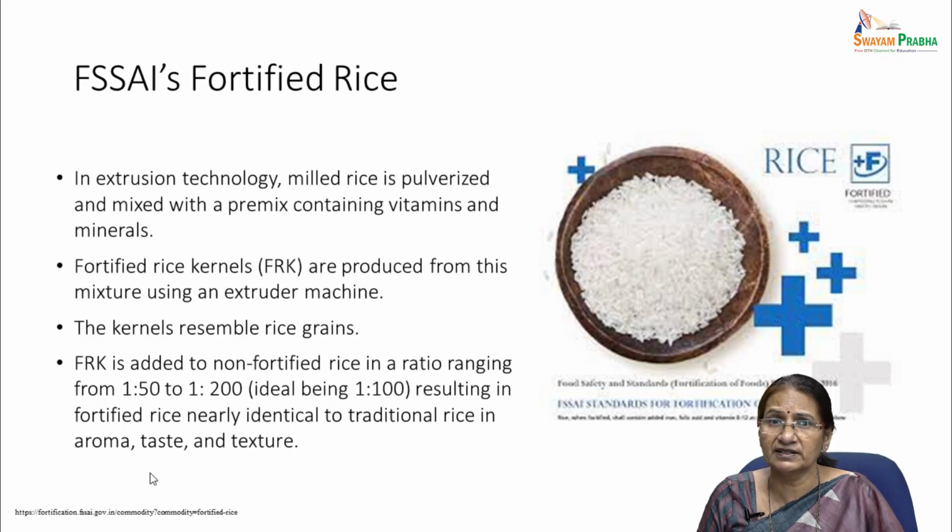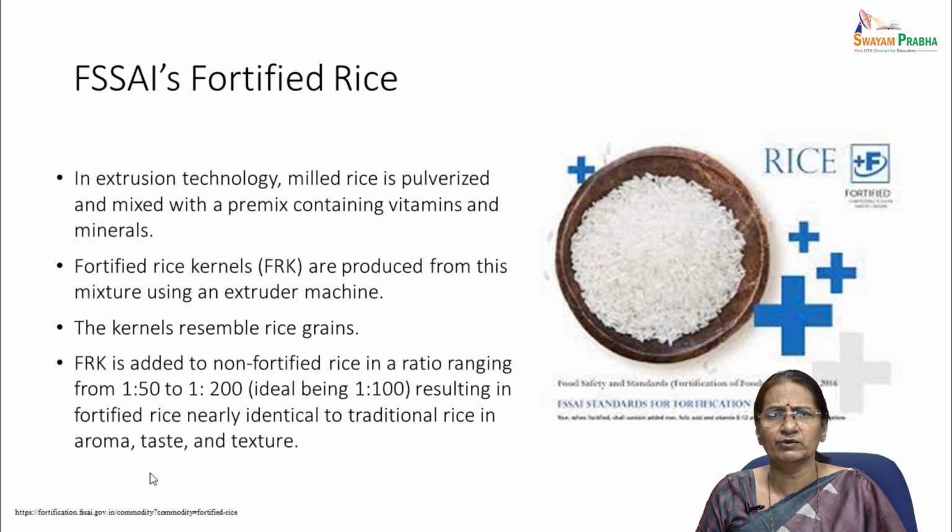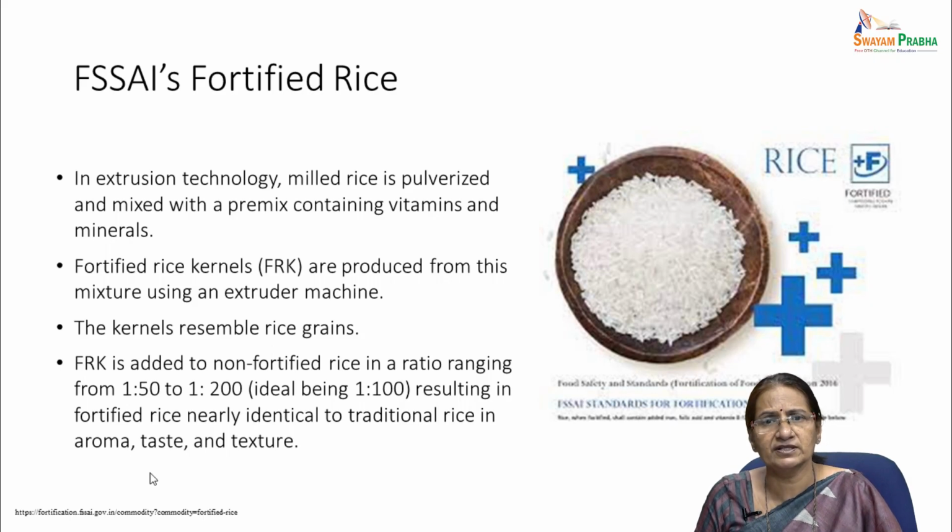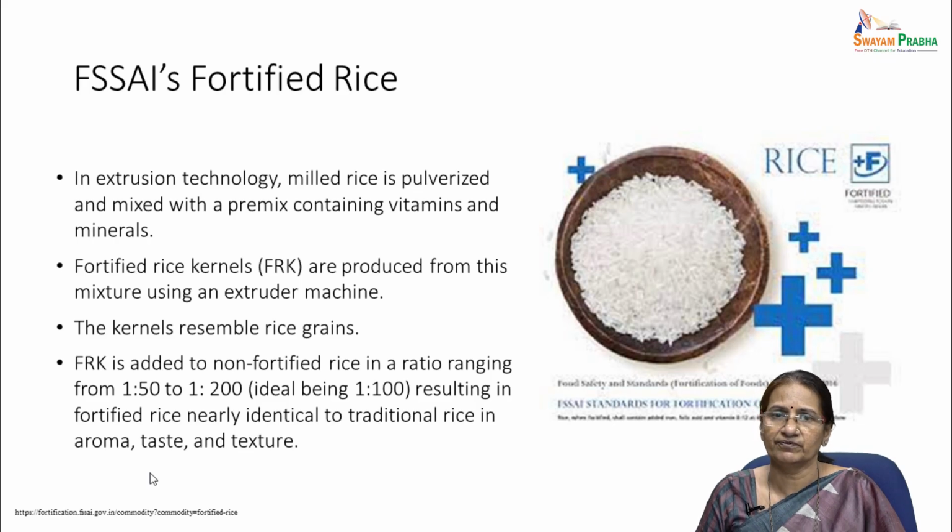Fortified rice kernels are added to non-fortified rice in a ratio ranging from 1:50 to 1:200, ideal being 1:100, resulting in fortified rice nearly identical to traditional rice in aroma, taste and texture. It is then distributed for regular consumption.